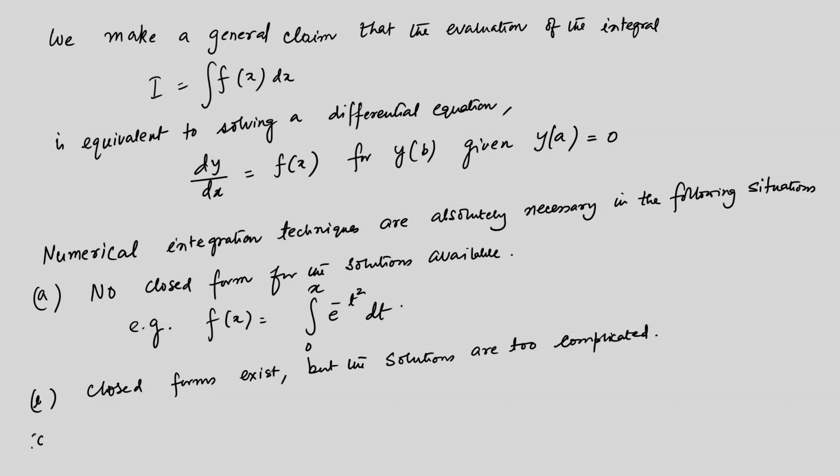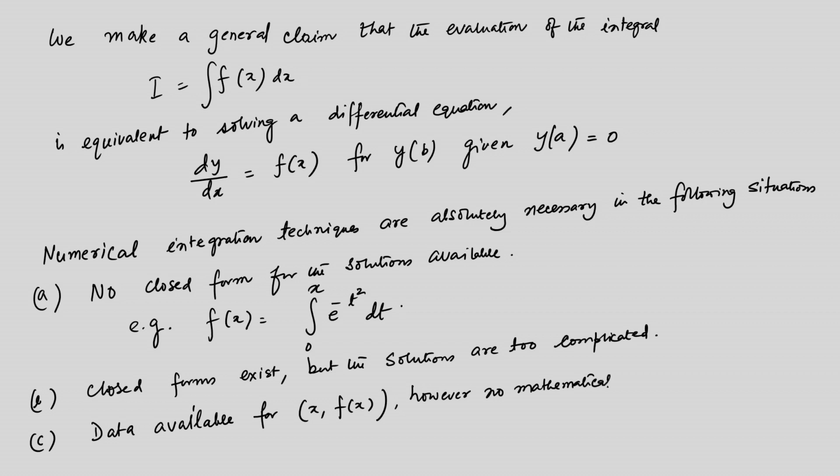The third, which is probably one of the most important for us, is that the data available for x and y, we write it x and f(x), however, no mathematical relationship exists.